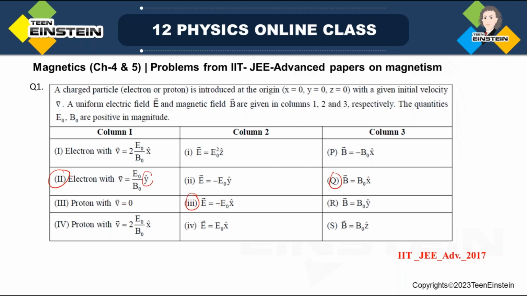So this is Y cross X, that means minus Z. One is giving you the minus Z direction, another one is giving you the minus Y direction, so the resultant will be this way. All right, so it is not the option.